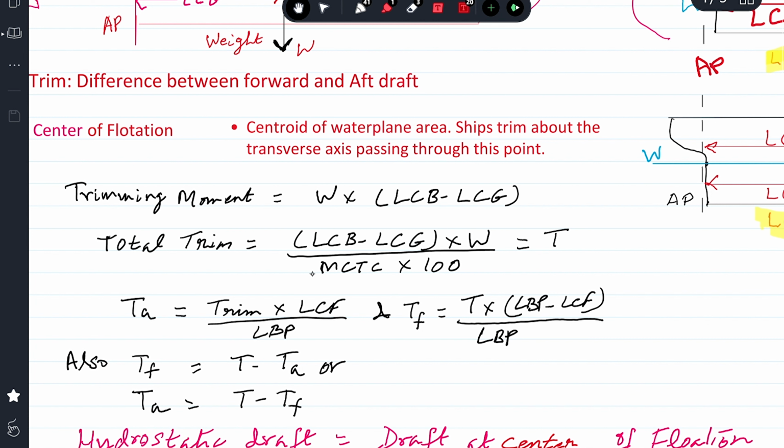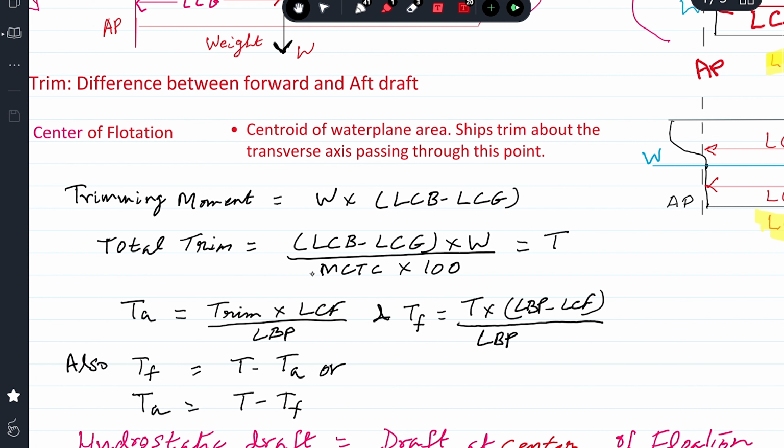Total trim, the final trim after loading, discharging, or shifting of weight has taken place: the formula for the final trim is LCB minus LCG into W, which is the trimming moment. Trimming moment divided by MCTC will give us the trim. This trim is in meters.